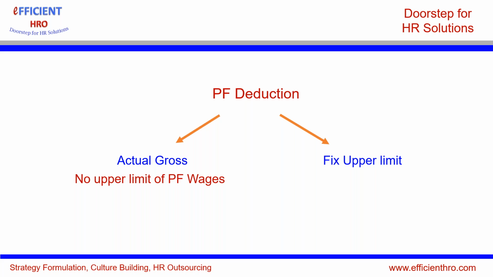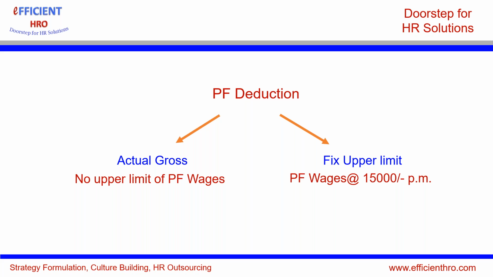Now, what is a fixed upper limit? With a fixed upper limit, the PF deduction will be done considering the ceiling of 15,000. So if any employee's monthly PF wages cross 15,000, let's say it is 20,000, 25,000, 50,000, then also his PF will be deducted on 15,000 only.